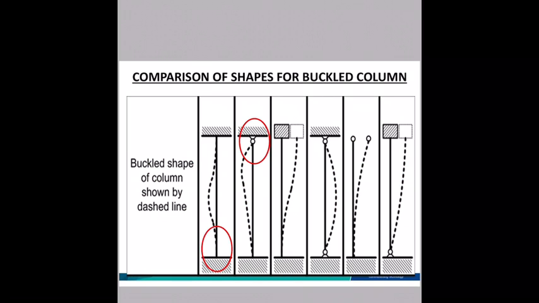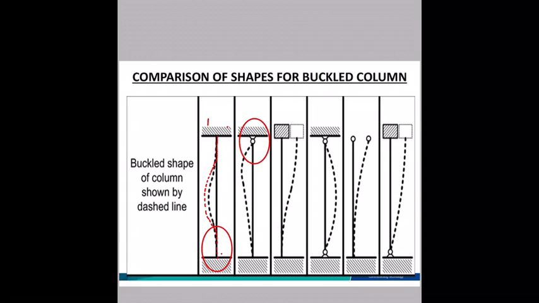This is a comparison of shapes for a buckled column with different connections. If you look at here, this is a fixed connection. Then your column will buckle right here at the connection point. It will go straight, and then in the middle it will buckle.